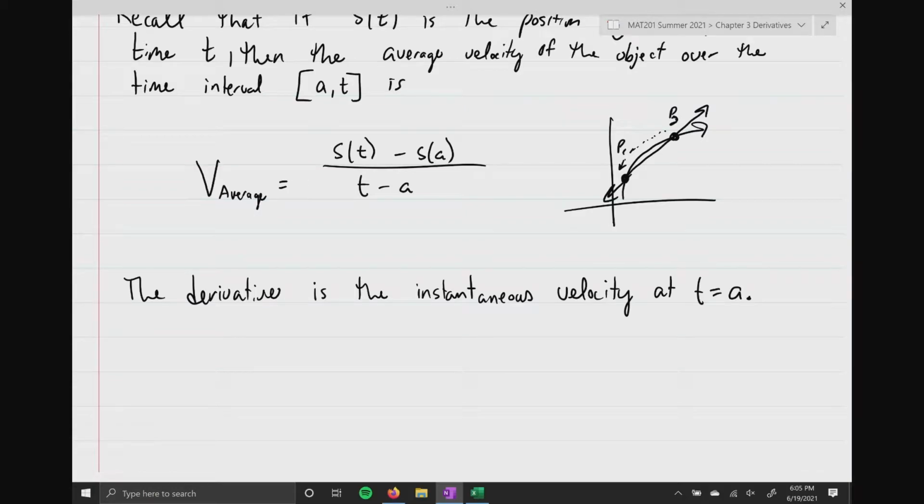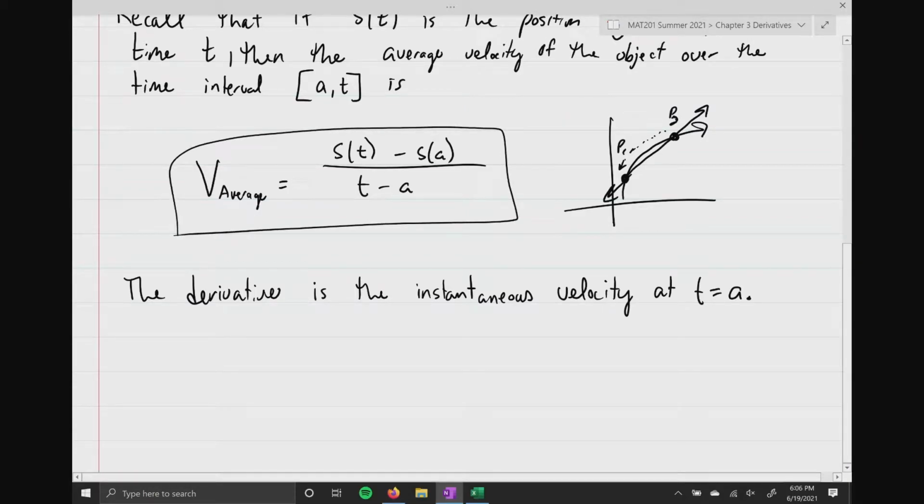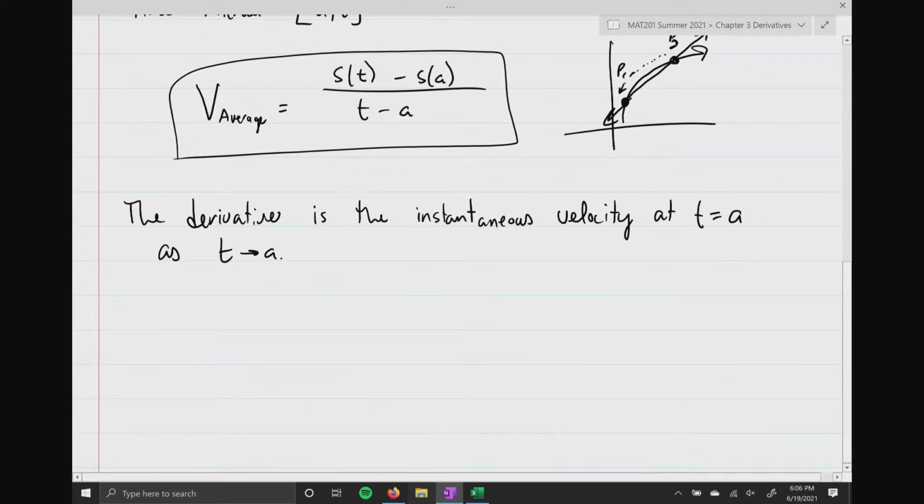Okay, and we were estimating what that value would be based off maybe a table or something like that. Well, now we're going to take this concept of the average velocity, and we're going to integrate that with our concept of the limit. So the derivative is the instantaneous velocity at t equals a, as t approaches a. So that is given by this.